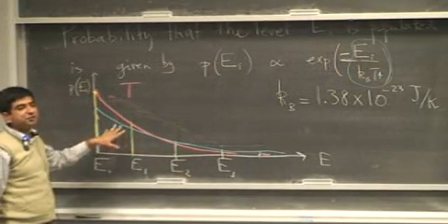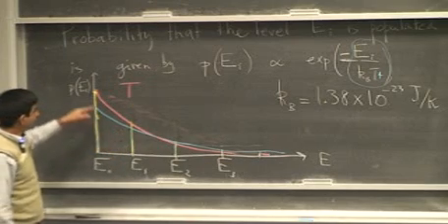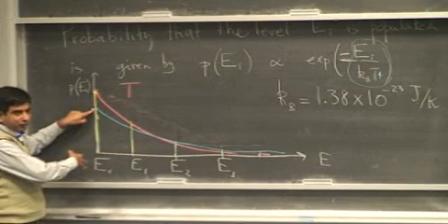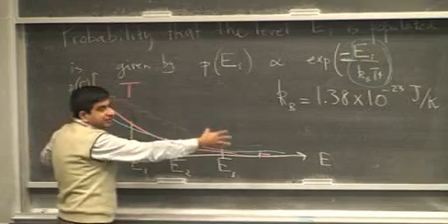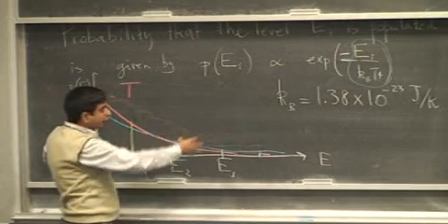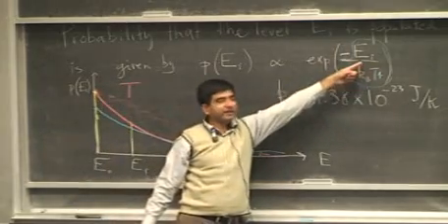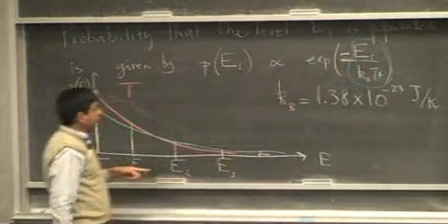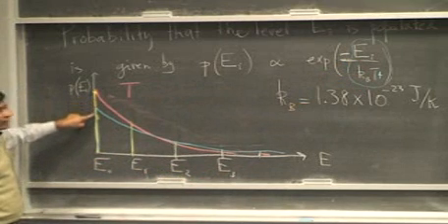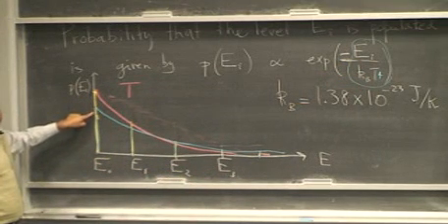But this is the general shape the new curve will take. It's going to decrease for the first level, of course it is, and it's going to rise in general. We don't know which level has a higher probability now because we don't know the precise values of T and EI. So the point is that it has to go down for the smallest energy level. And why is that?